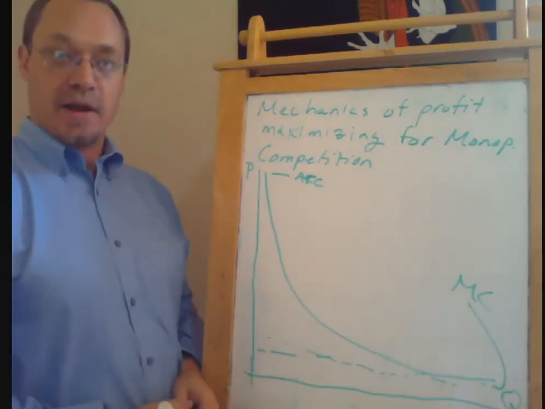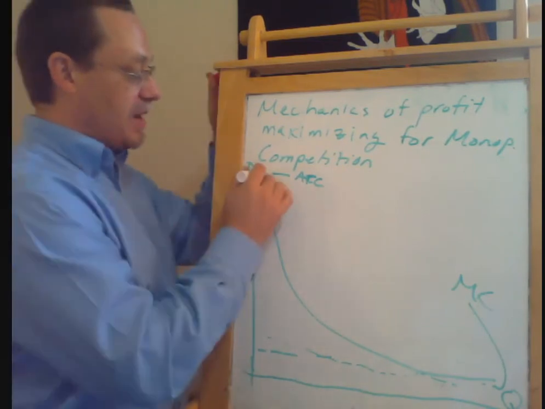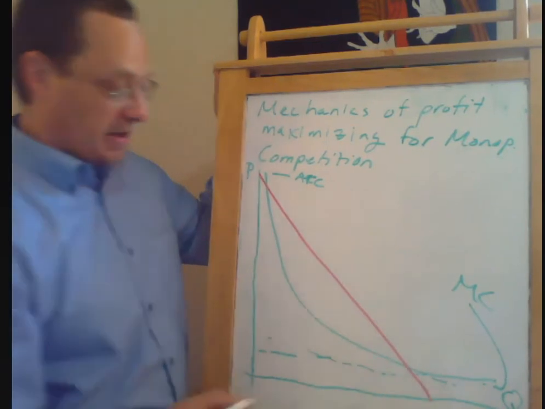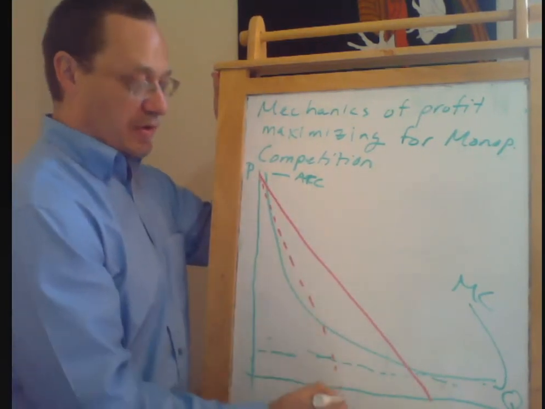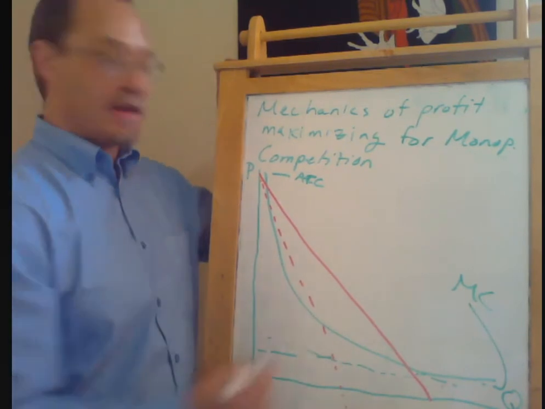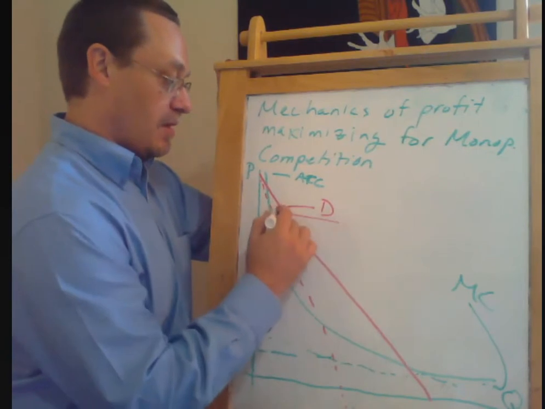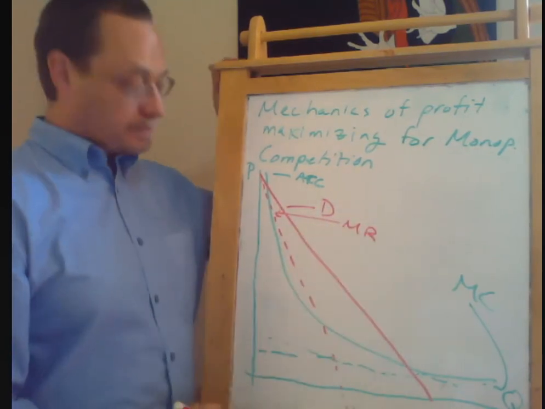And then we're going to have some demand curve. Let's suppose the demand curve initially looks like that, so that the marginal revenue curve initially looks like that. So the solid line here is the demand curve, and the dotted line here is the marginal revenue curve.